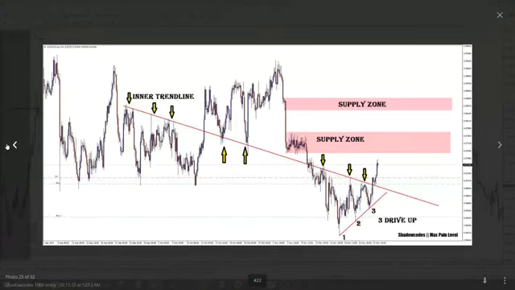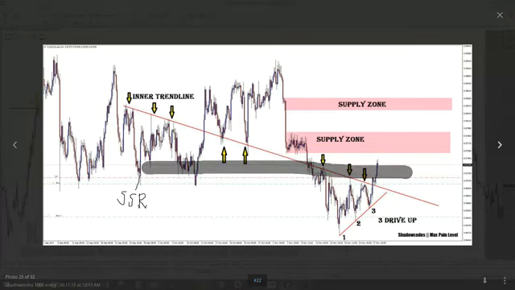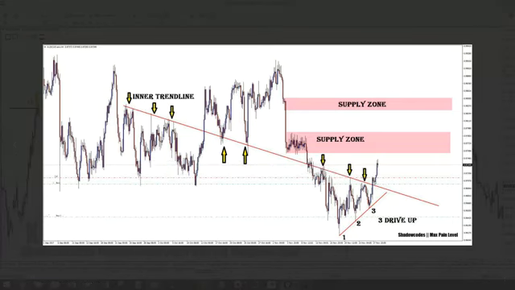Okay, this is also SSR. You got a support here. This is also my, oh, it's really big.